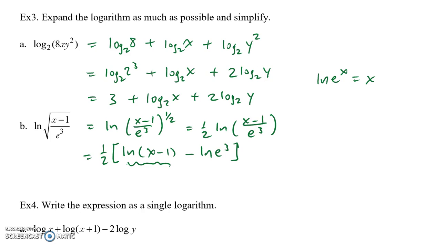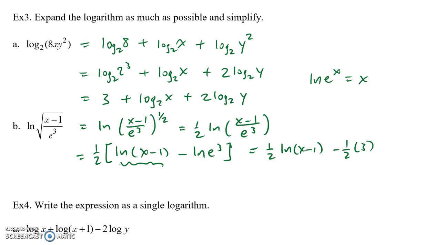So let's write this as, I will distribute the 1/2 at least. 1/2 of ln x minus 1 minus 1/2, and then ln of e cubed is going to be 3. And then the last expression can be written as 1/2 ln x minus 1 minus 3/2. And that would be far enough in terms of expanding the logarithm and simplifying it.